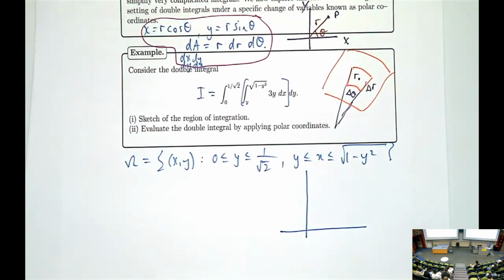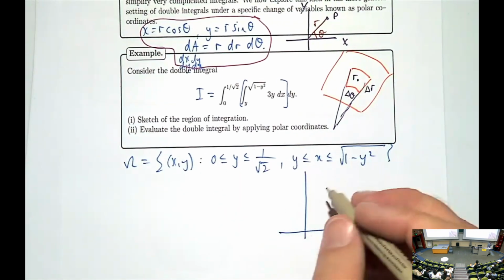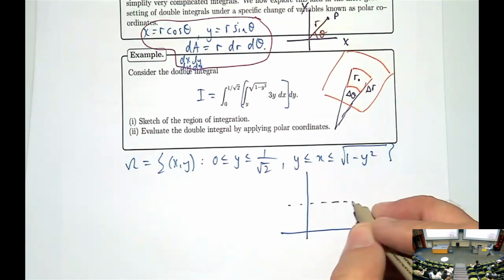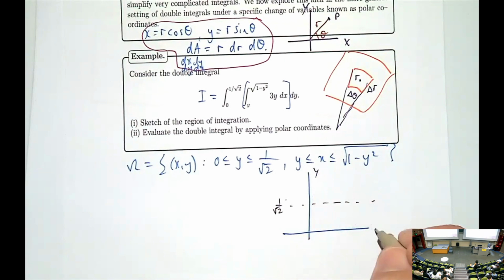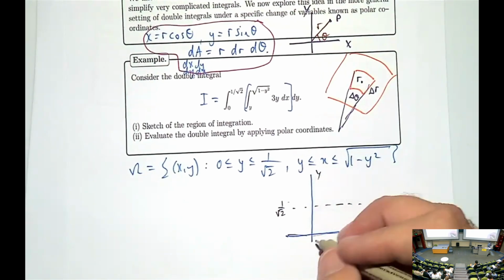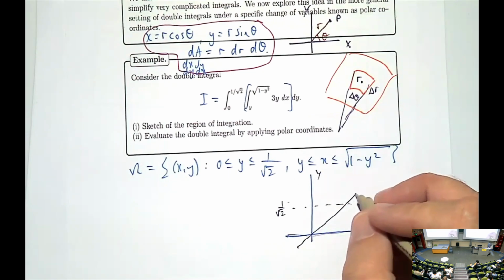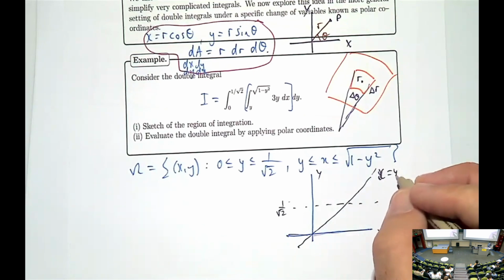I'm going to draw in all the edge functions. So y is between 0 and 1 on root 2. Let's say that's 1 on root 2. Okay, and there's the other one. And then x is between y, that's x equals y, right?